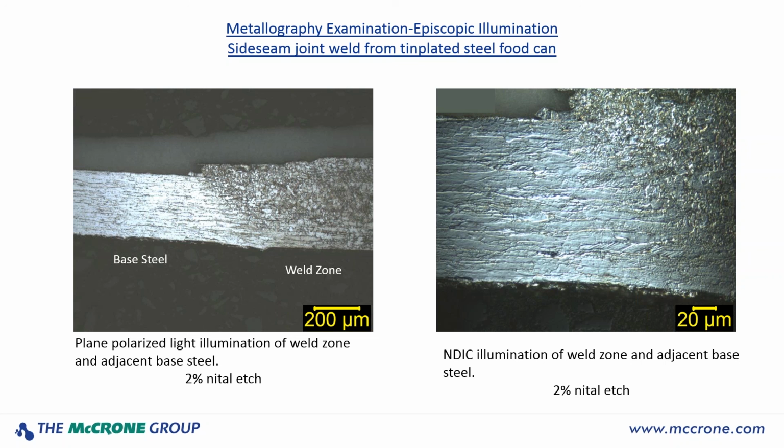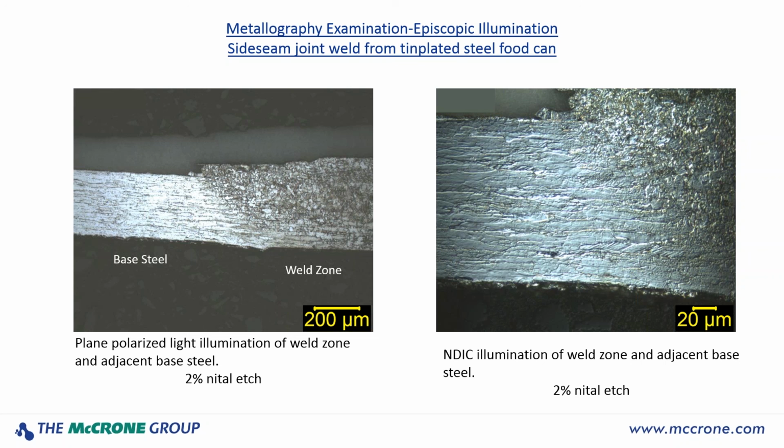And NDIC is really, really good for topography information on reflective, opaque subjects like this. It's normally used in transmitted light mode for biological samples, for cell structures, where you have very little contrast. And the transmitted light Nomarski differential interference contrast gives you much better contrast on low contrast type materials. But in metals or surface imaging like this, we are actually seeing topography differences. And that can become very useful.